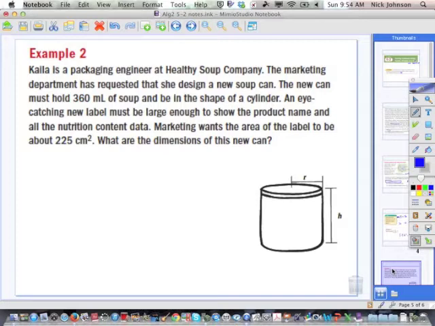So the first thing is we've got to know the formulas for area of a cylinder, and we need to know volume of a cylinder, because that's what we have to hold, right?